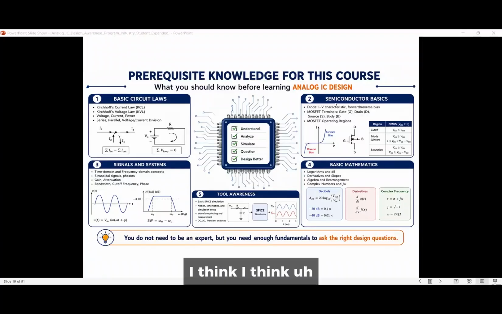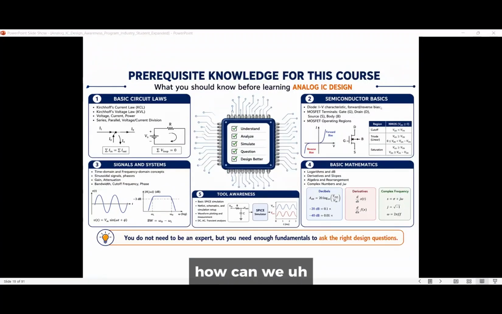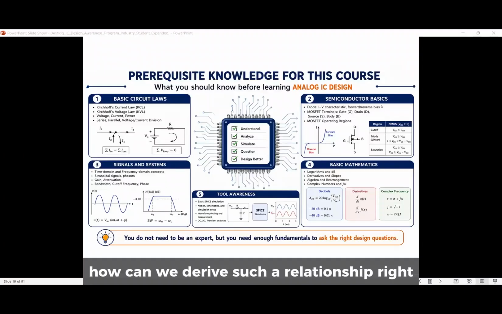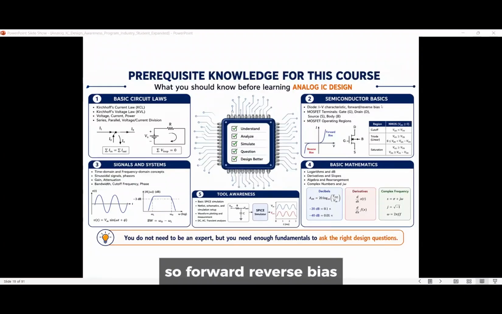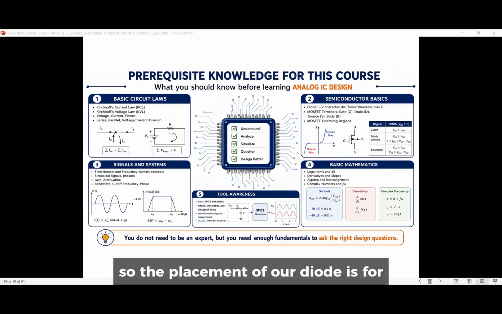We still have to go back and recall how we can derive such a relationship. Forward and reverse bias are both important, because the placement of our diode is for forward use or reverse use.